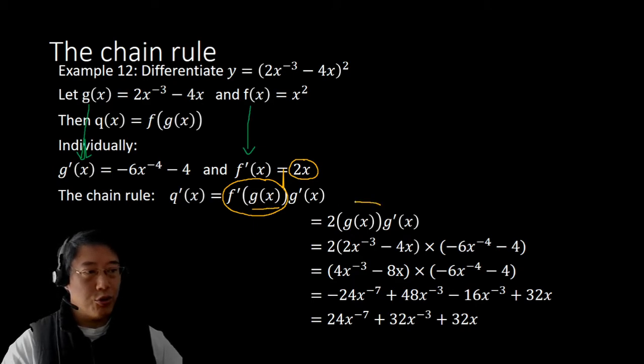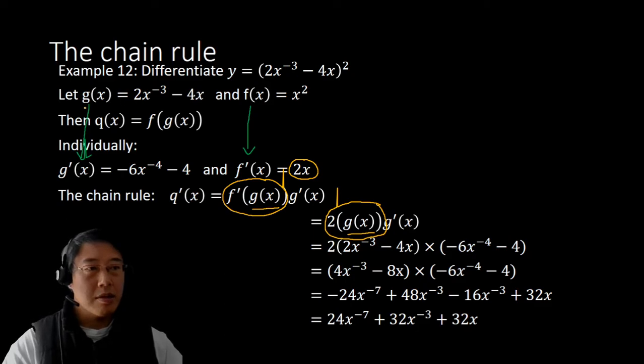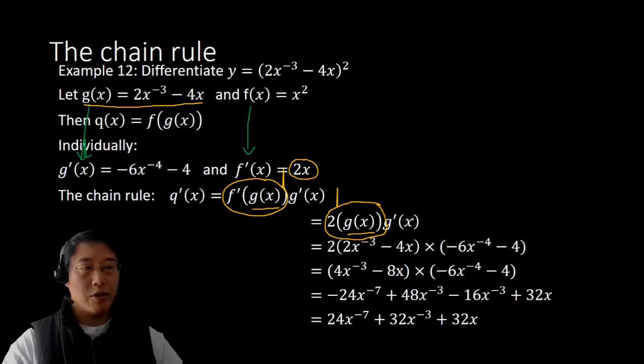So you have that 2 here, but instead of having x, you need to substitute g of x, and g of x is defined up here. Okay, so your f prime of g of x is going to be 2 times g of x, and you replace g of x by the function here. And on the right hand side, the last factor, which is g prime of x, is just that expression. So it's going to be bracket negative 6x to the power of negative 4 minus 4.